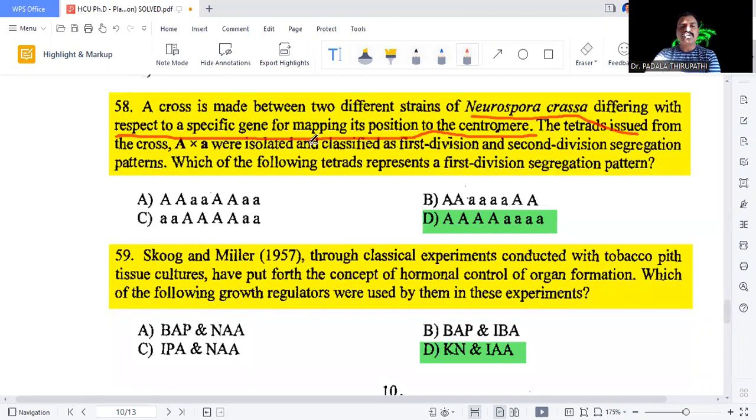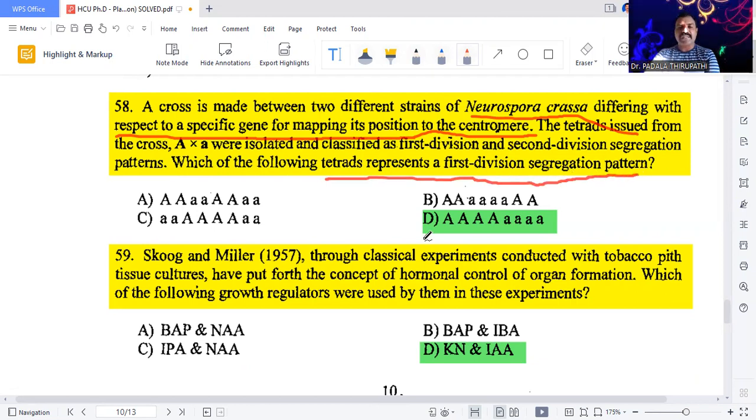The tetrads from the cross, capital A and small a, were isolated and classified as first division and second division segregation patterns. Which of the following tetrads represents the first division segregation pattern? That is capital A, capital A, capital A, capital A, and small a, small a, small a, small a. So this is the first division segregation pattern.